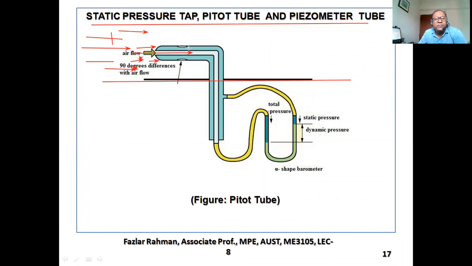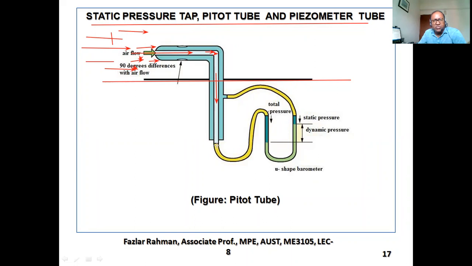So you see the pressure of the fluid right over here, the fluid coming right over here, the velocity will be 0 right over here, because due to the 90-degree angle, the fluid needs to change direction, right?